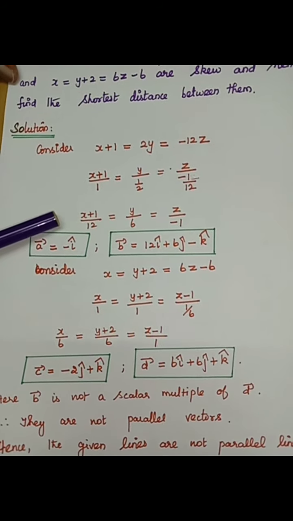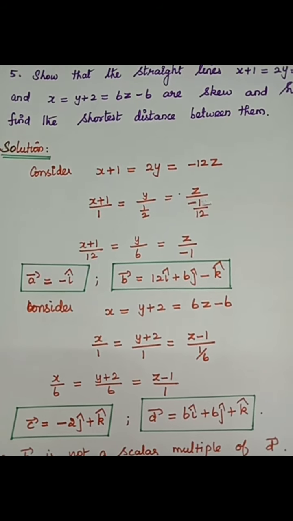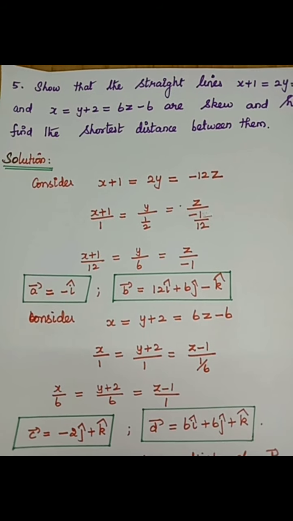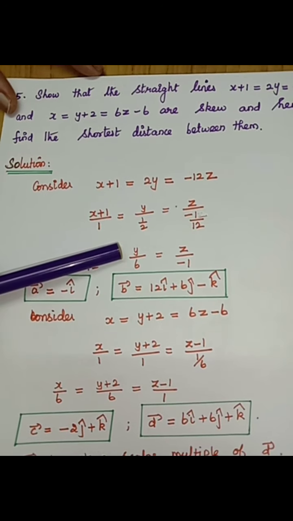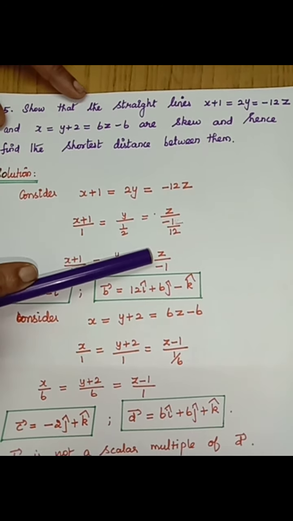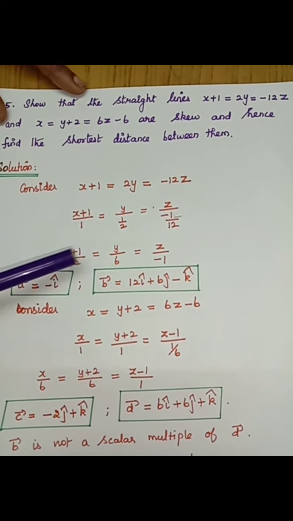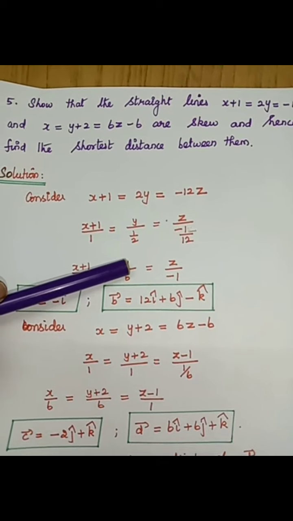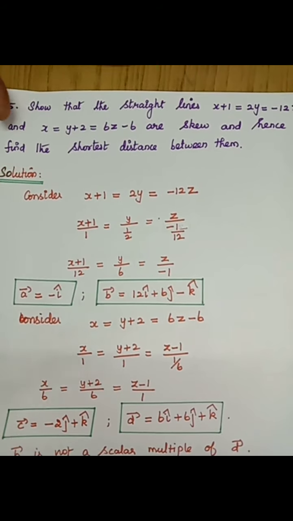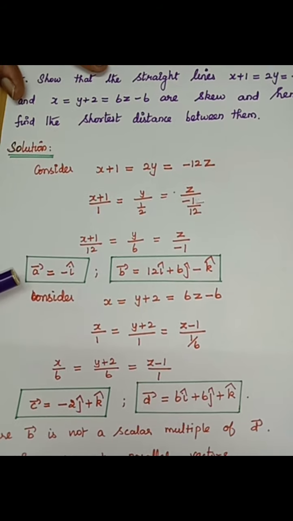So x minus of minus 1. The minus 1 is one coordinate of the passing point, and here y alone is there, so it can be written as y minus 0, and here z minus 0. Therefore the passing point is minus 1 comma 0 comma 0.